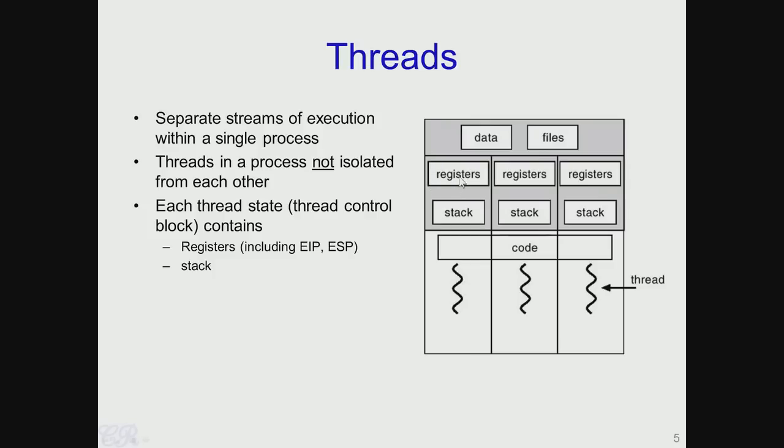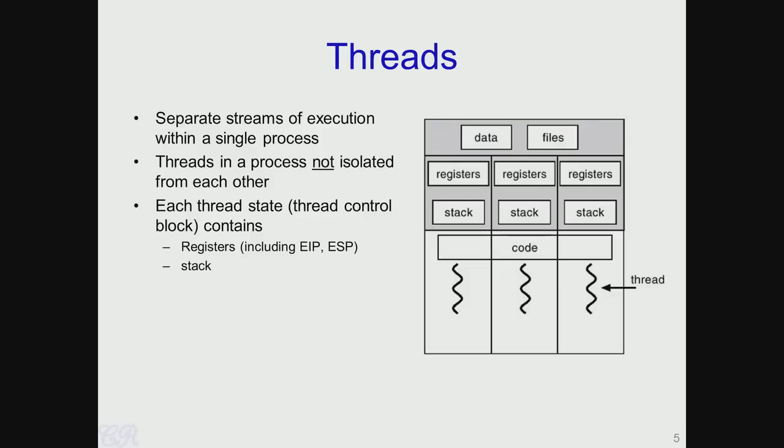As we have seen, each thread has its own execution context. The execution context of this thread comprises a set of registers like the EIP and the ESP register. Similarly, the execution context of this thread comprises the stack and register values. These register values would help in the stopping and restarting of threads during a context switch.